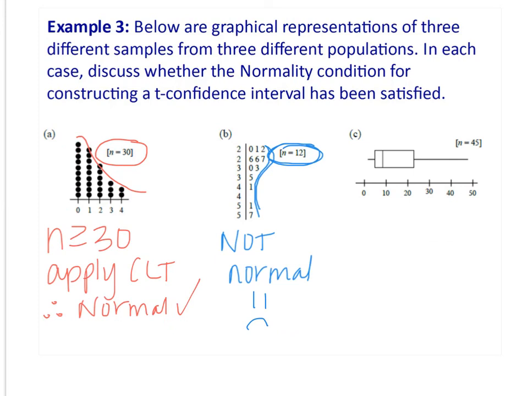Last one, C. If I think about the graph for C, if it was normal, it would look more like this. So this graph shows that it's also skewed to the right, but my sample size is 45. Since n, or my sample size, 45, is greater than or equal to 30, I can apply the CLT.